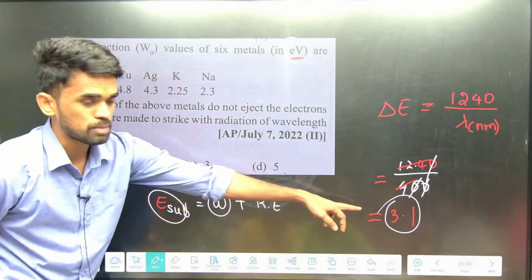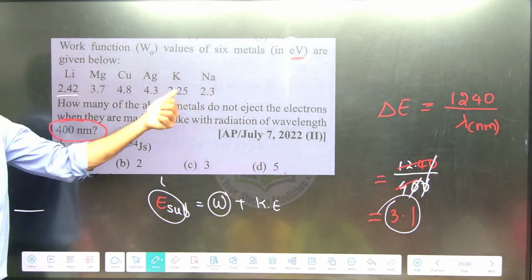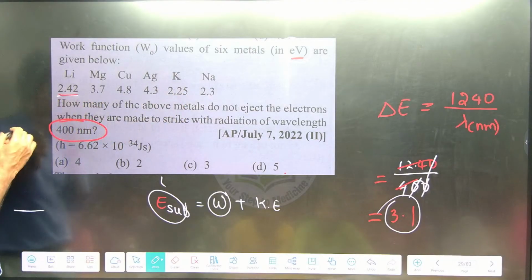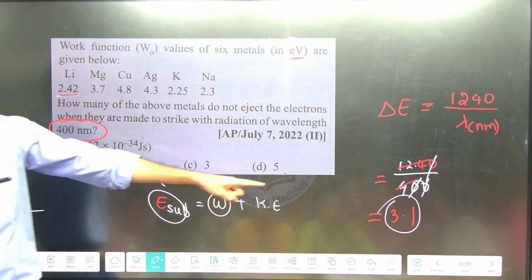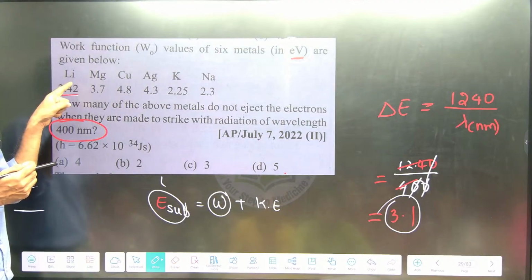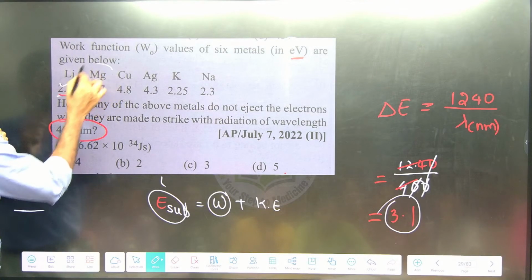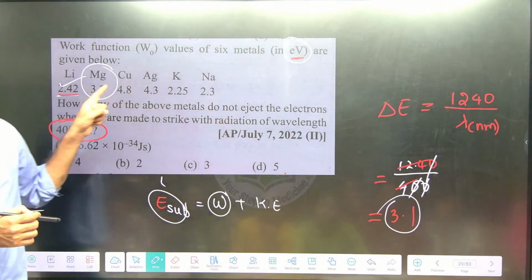How much energy are you supplying? 3.1. What is the work function given? This is 2.4. Is this less than that? Yes. So is the energy we are supplying sufficient? Yes, so it will show the photoelectric effect. What about this one? No. It is 3.1 only we are giving, but it requires more, so it won't show.